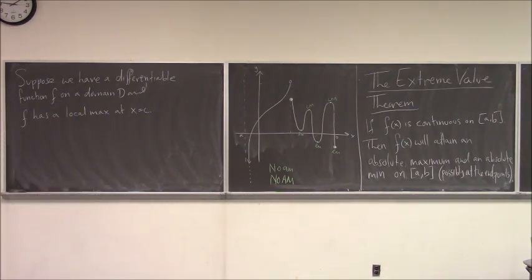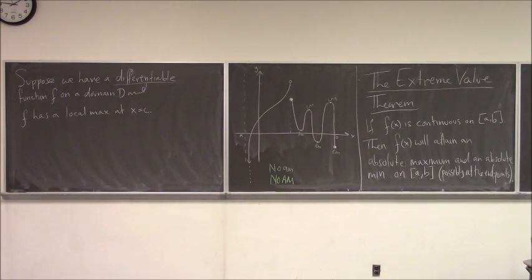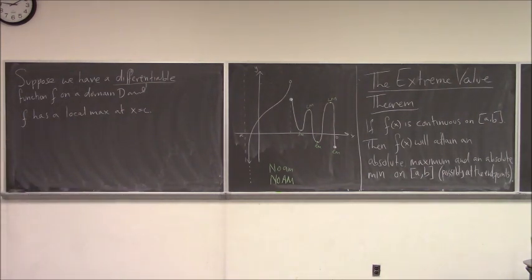So let's talk about some function that's defined on some domain, and we know it has a local max on that domain at some point c. I'm also going to assume that the derivative actually exists, so it's differentiable where we're considering this. Then here's something interesting that will happen. Ultimately, these points are important. We're going to want to know how to identify them and find them, and these two theorems are going to tell us how to find them.